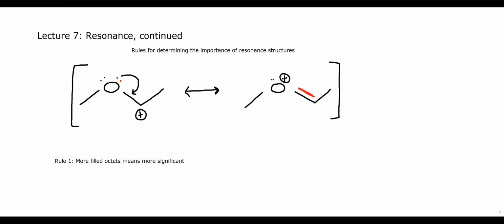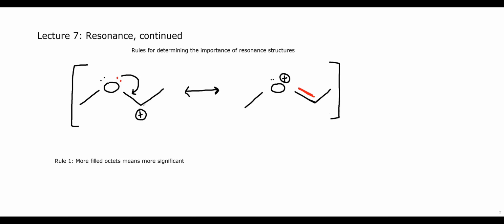Now, the oxygen has a filled octet in both cases, right? It has 8 electrons around it in both cases. It just has a formal charge on the right, but it still has 8 shared electrons around it. If we look at the carbon, however, the carbon has a filled octet on the right.